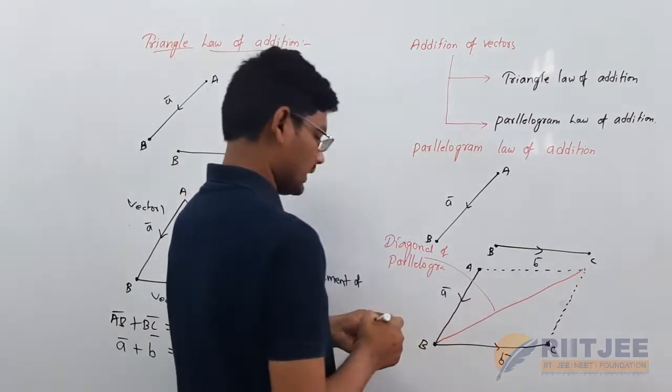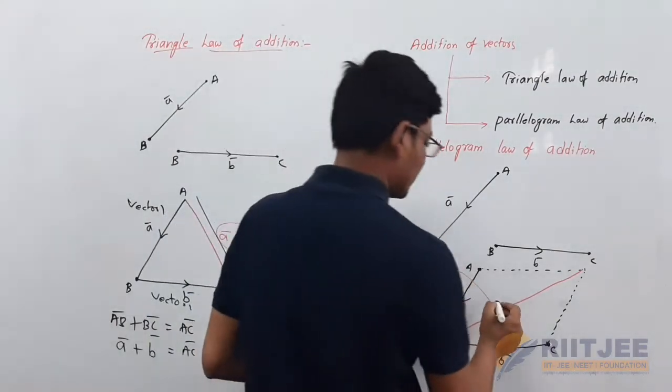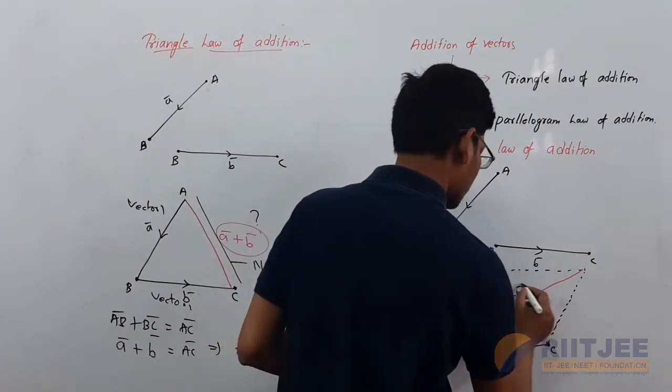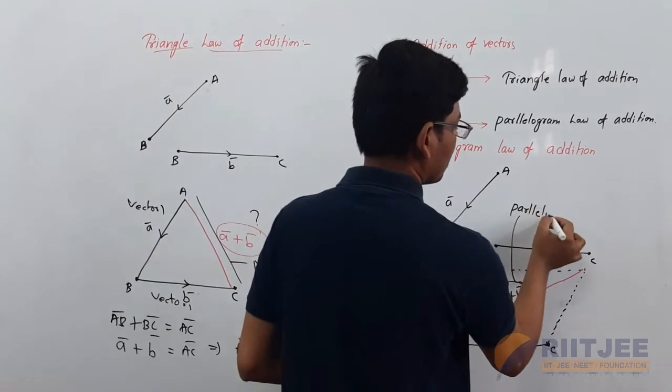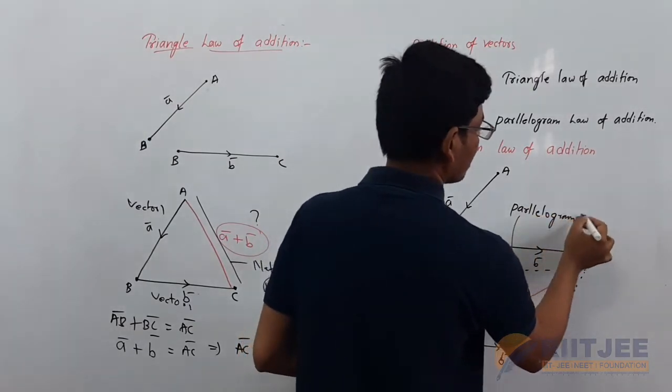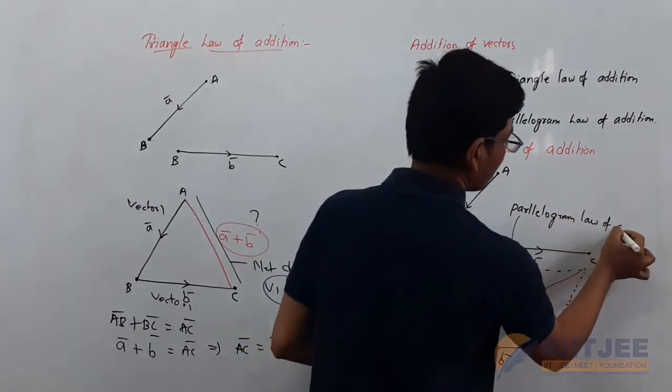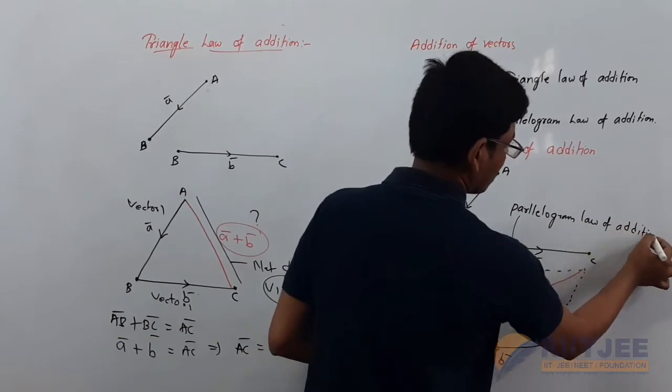This is the resultant of two vectors, that is A bar plus B bar. This is the parallelogram law of addition.